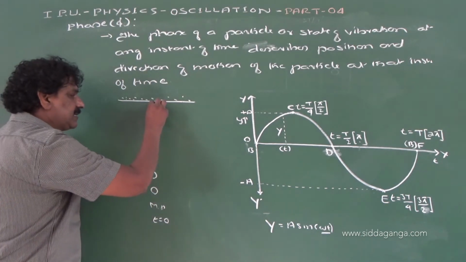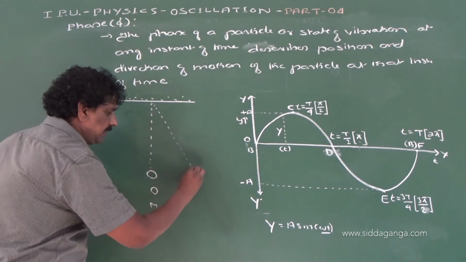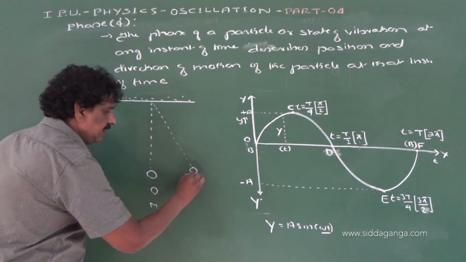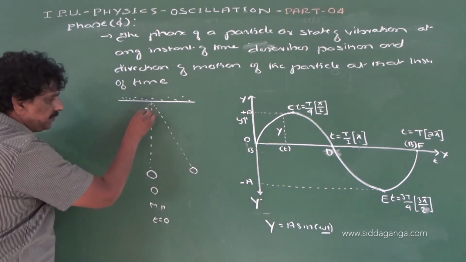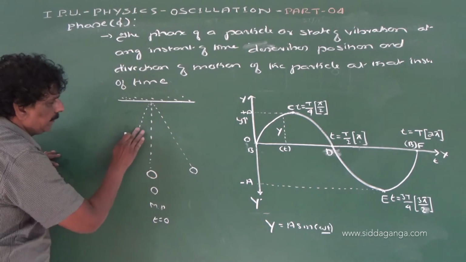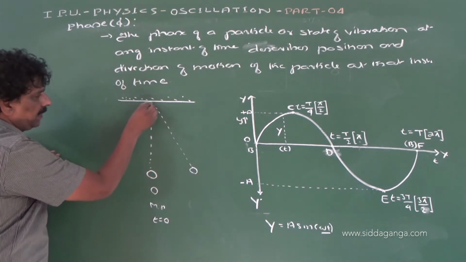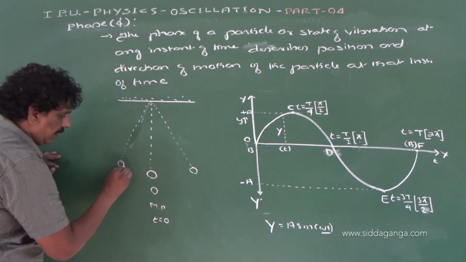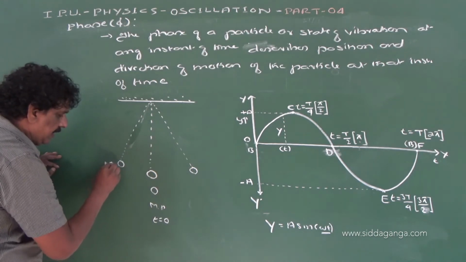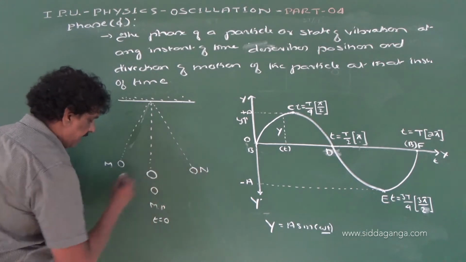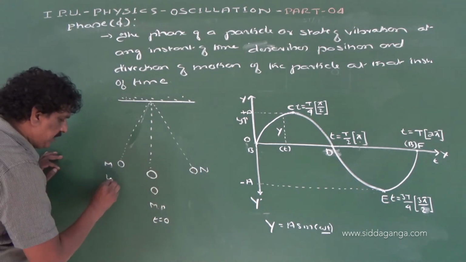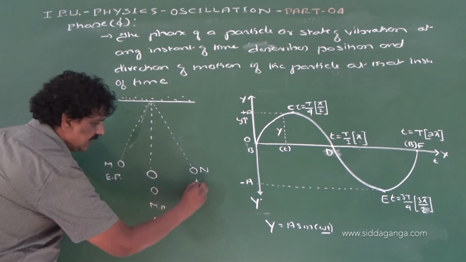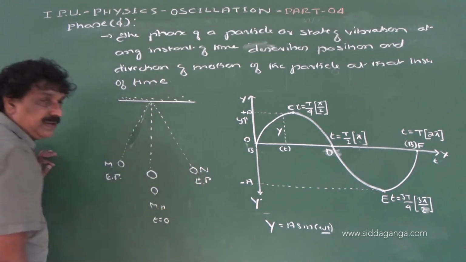Now, it oscillates between two points, say M and N. This is one extreme position, and this is the other.